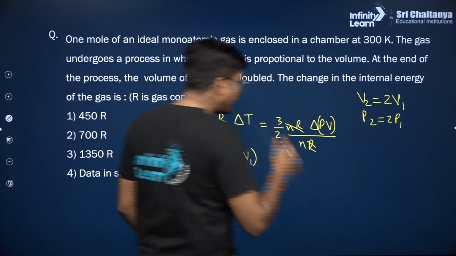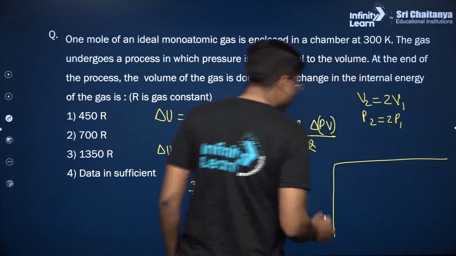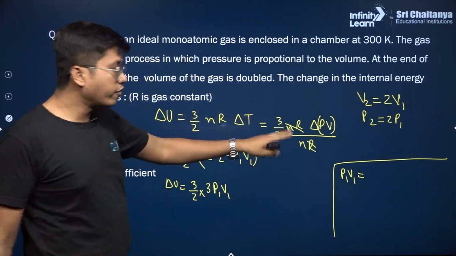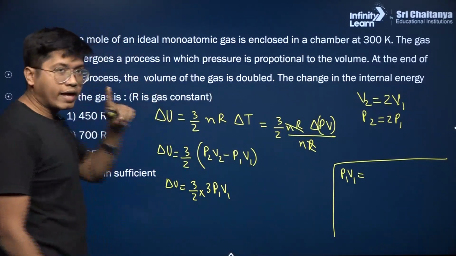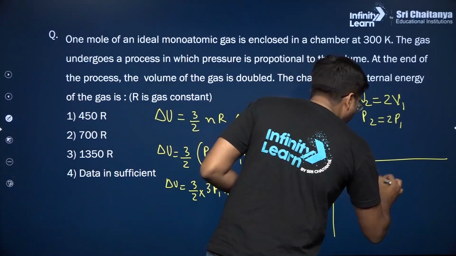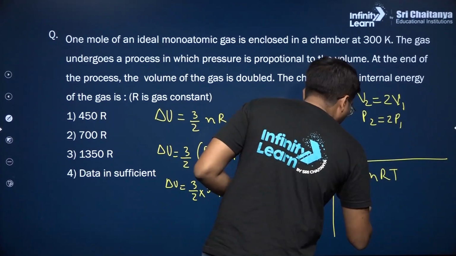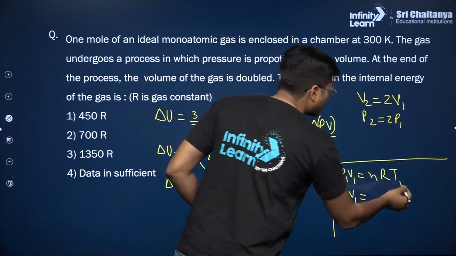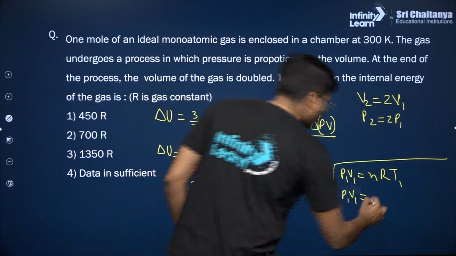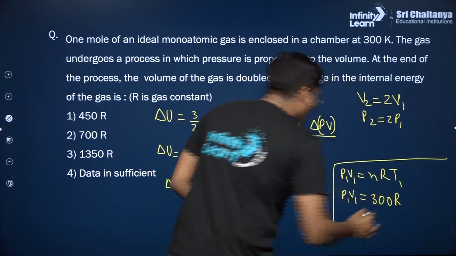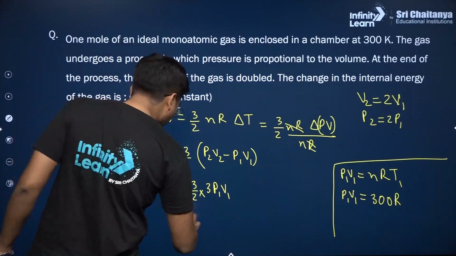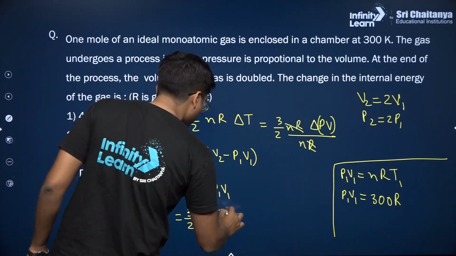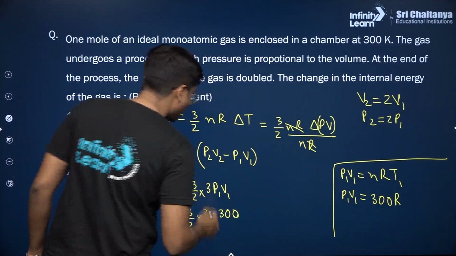Now also it's an ideal gas, which means we have been given the initial temperature where P1 V1 was equal to, it's 1 mole, so it's P1 V1 equal to nRT1. It's 1 mole, so n is 1, right? And let's write this nRT1. So P1 V1 becomes, n value is 1, R stays as it is, and T1 is given as 300 Kelvin, which is 300 R. We replace that in here and that gives us 3 by 2 into 3 into 300 over here.